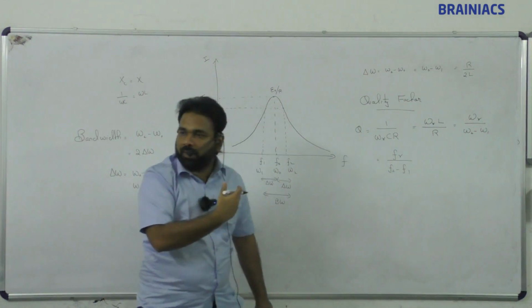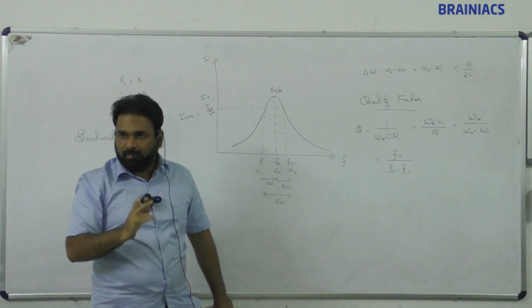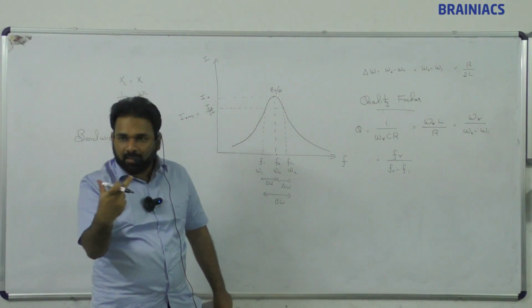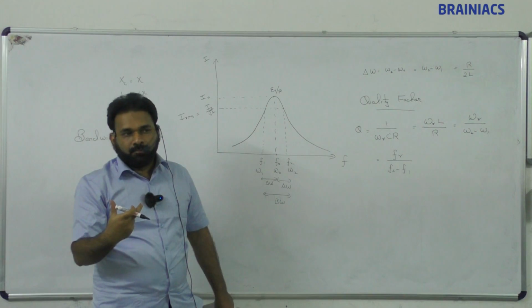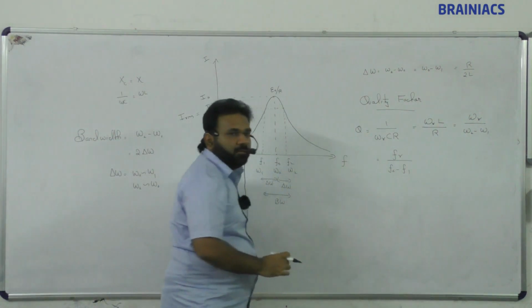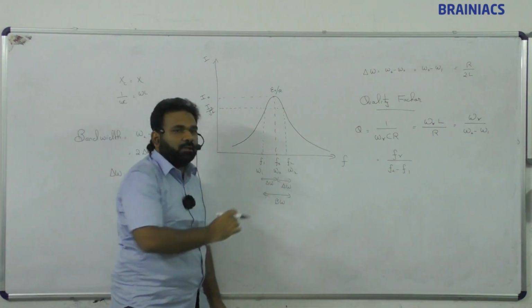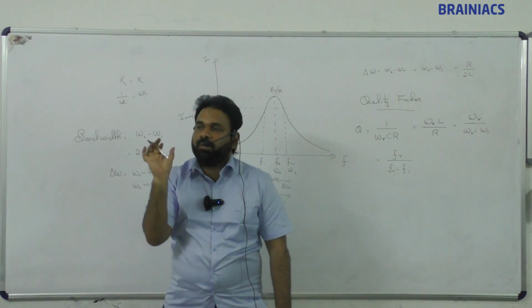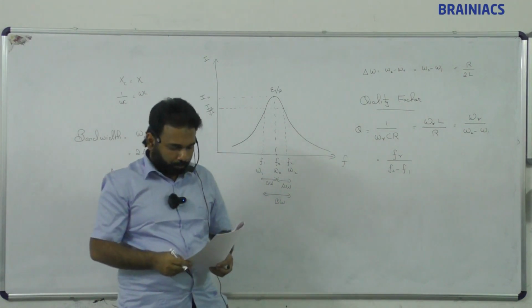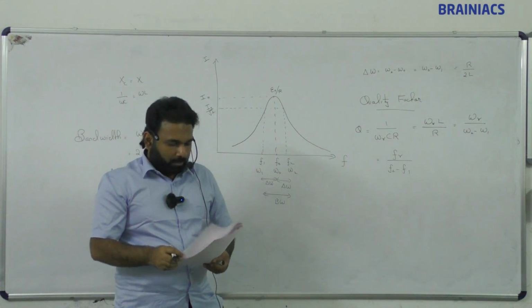If we take the 2 pi outside, it gets cancelled. The smaller the bandwidth, the sharper the quality factor is. Clear?